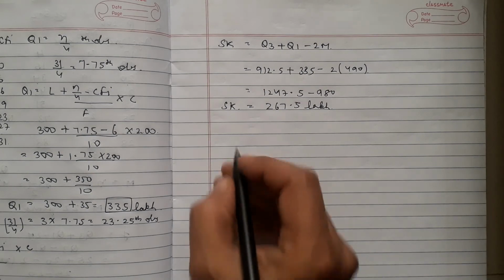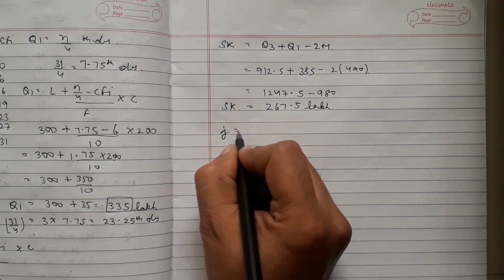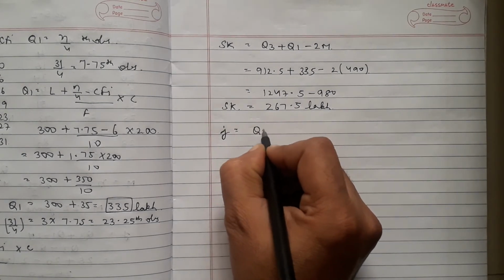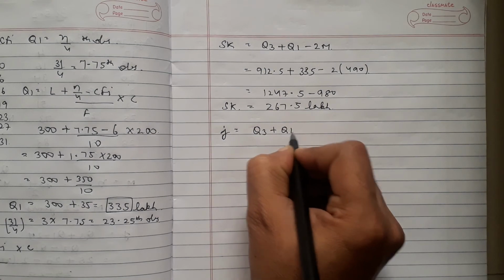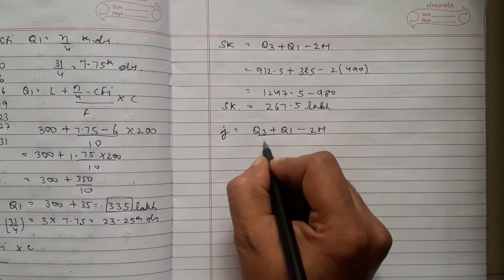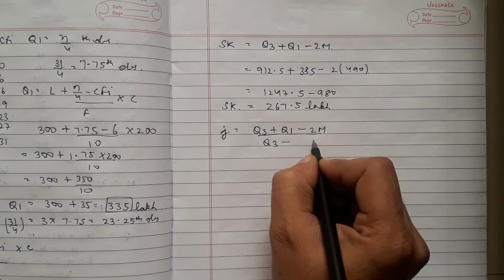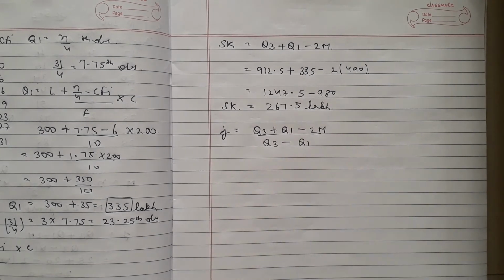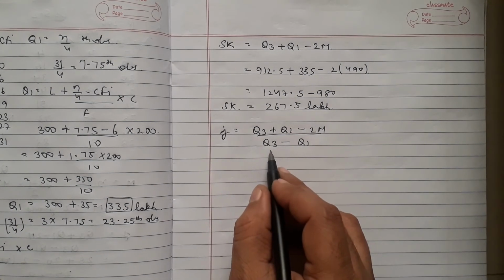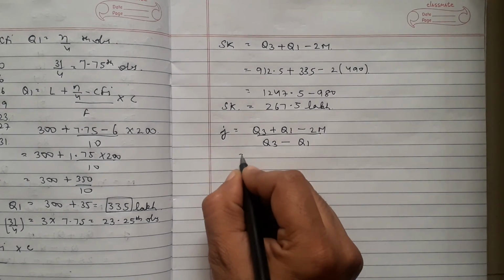Now the next is to find out the value for J, Bowley's method coefficient of skewness. The formula is Q3 plus Q1 minus 2M upon Q3 minus Q1.